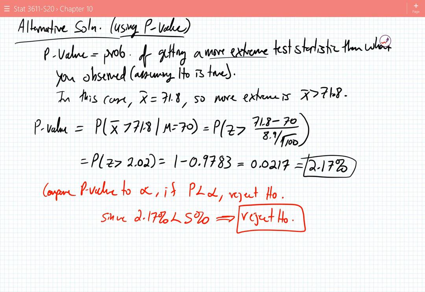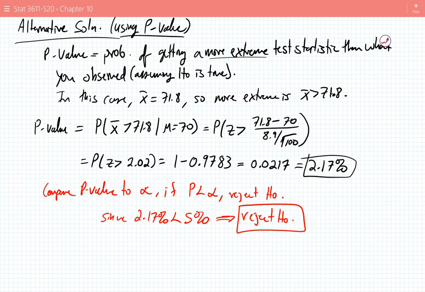Okay? So the p-value is the probability of getting a more extreme test statistic. More extreme test statistic is saying that getting anything further from the assumed population mean is so unlikely that we would reject the null hypothesis.